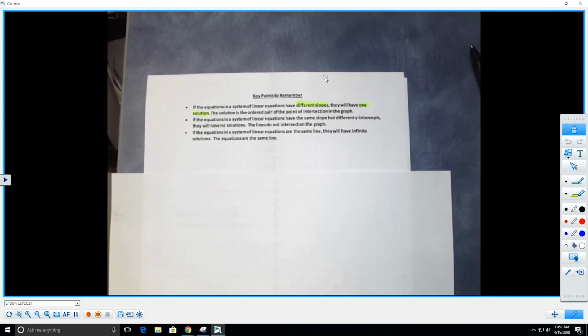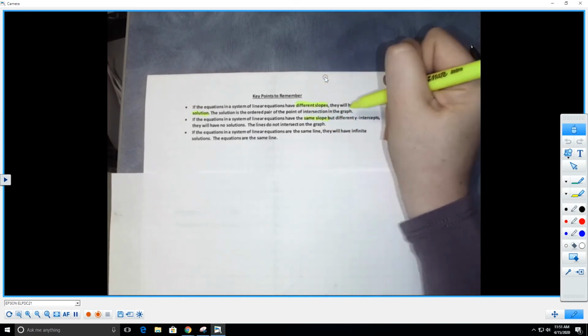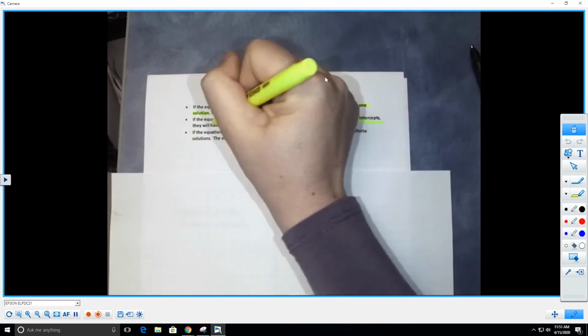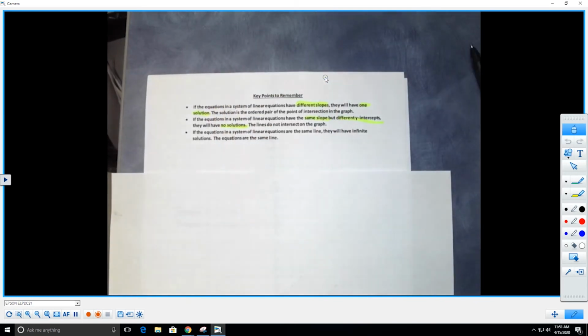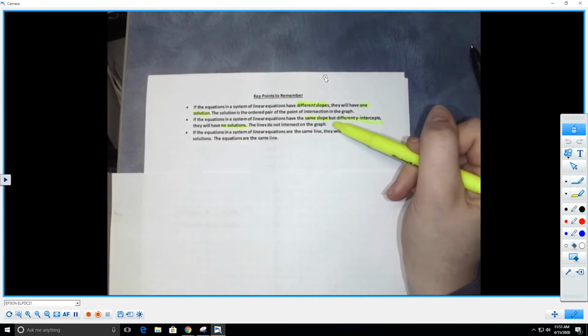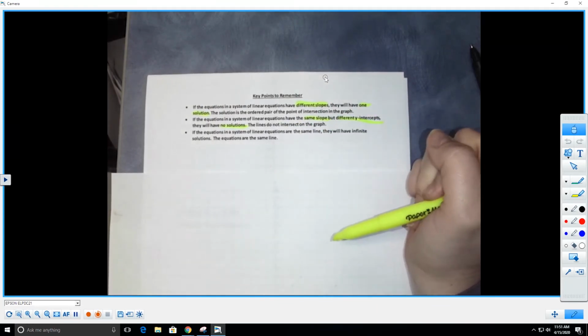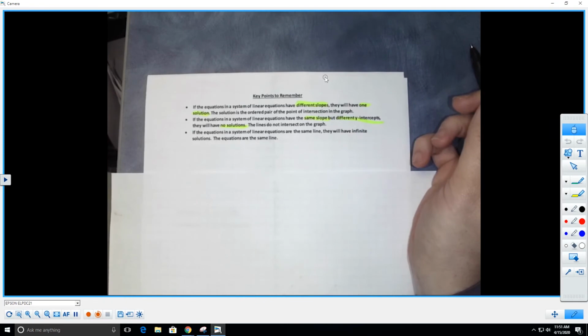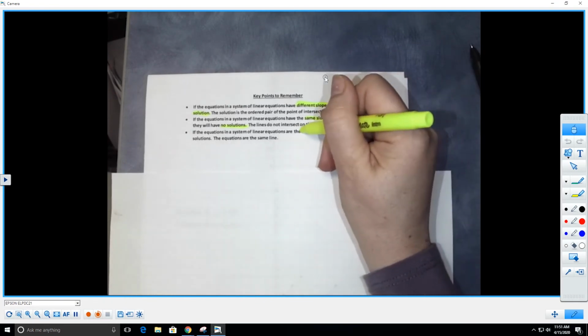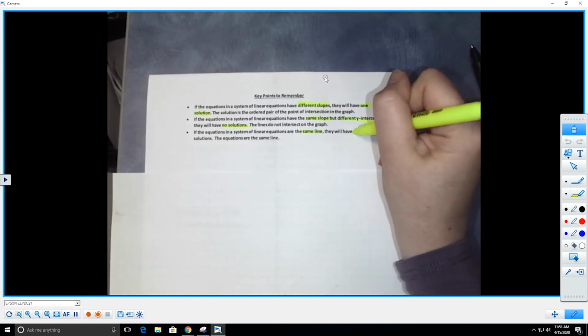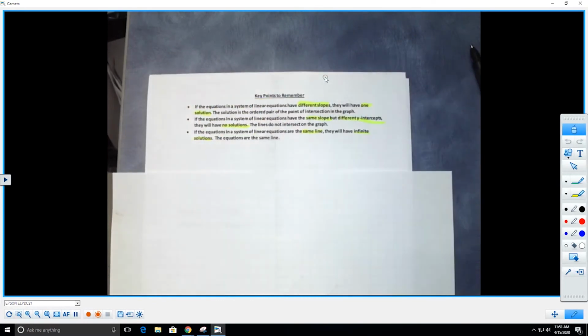If the equations of the system of linear equations have the same slope but different y-intercepts, they will have no solutions, and the lines do not intersect on the graph. If the equations in a system of linear equations are the same line, they will have infinite solutions, and the equations are the same exact line.